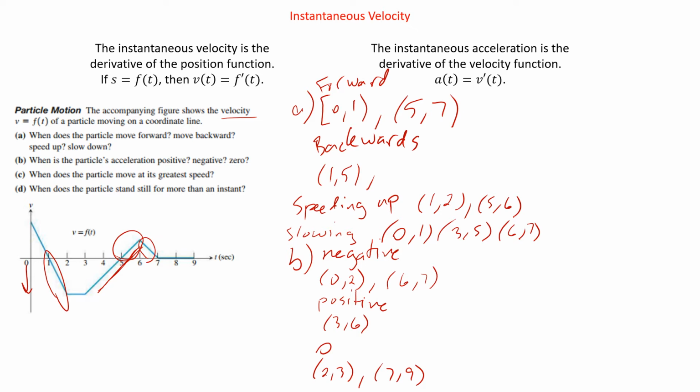So looking at the graph, if we're just looking at this first little spot, our velocity is positive, but it's getting closer to 0. That means it's decelerating, right?